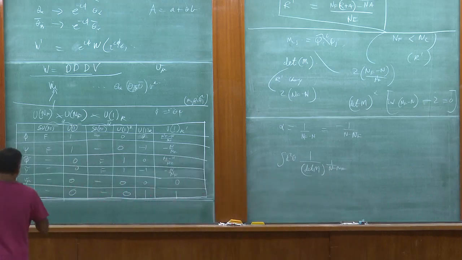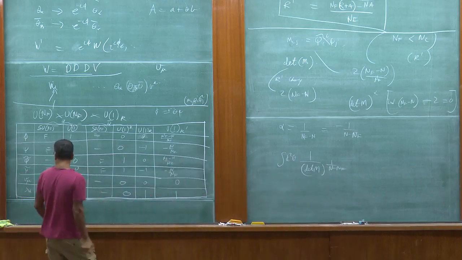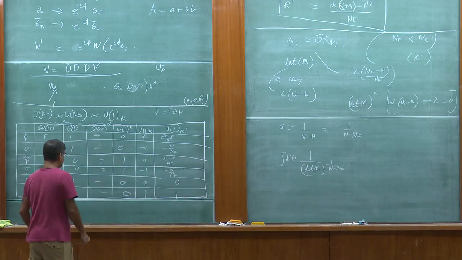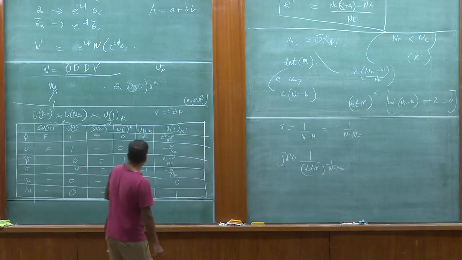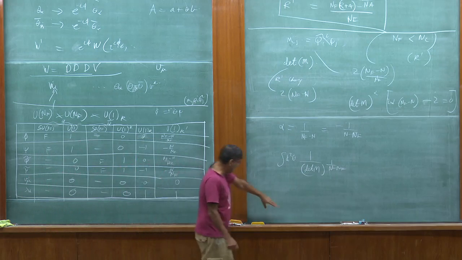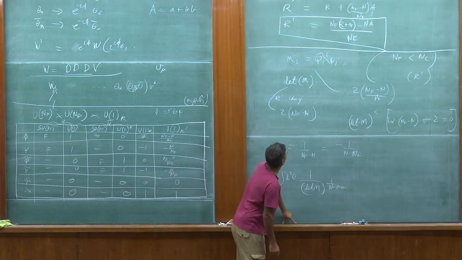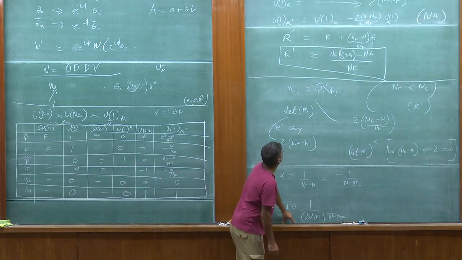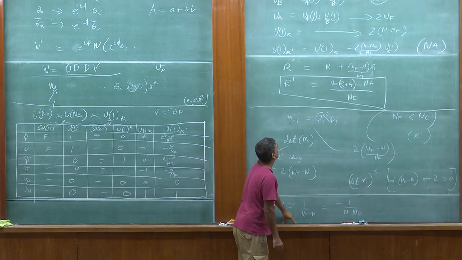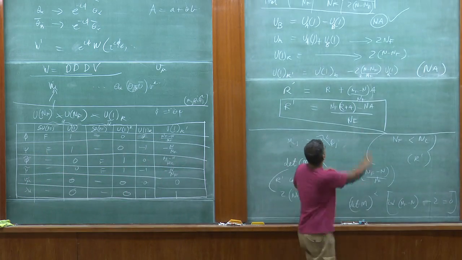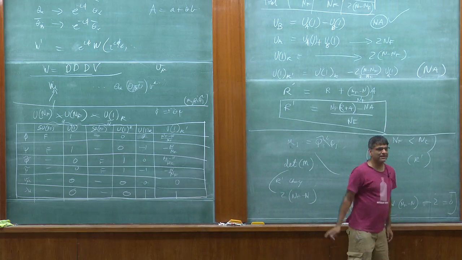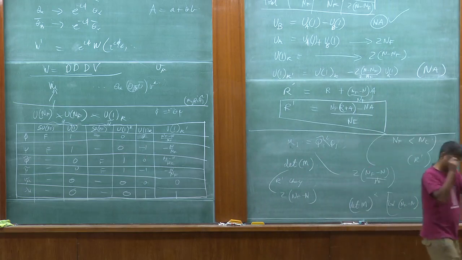Notice that in the case that Nf was equal to Nc, the anomaly of the naive R symmetry was already 0.